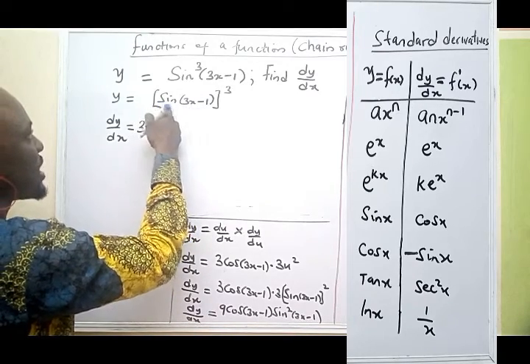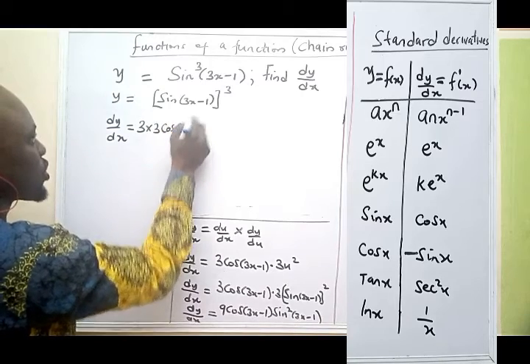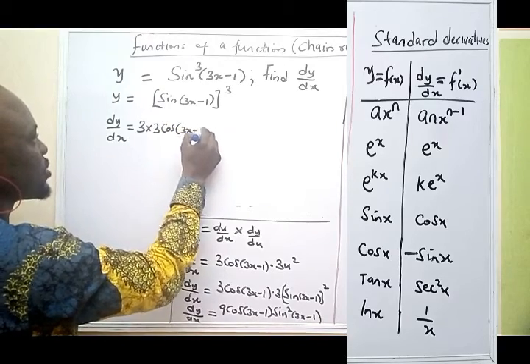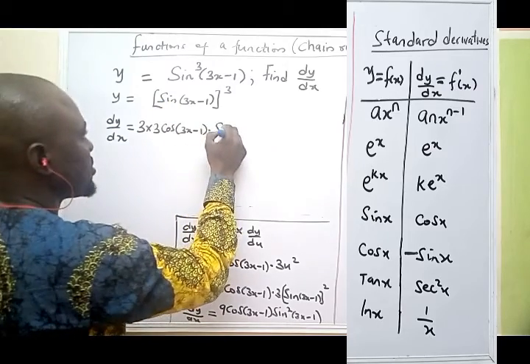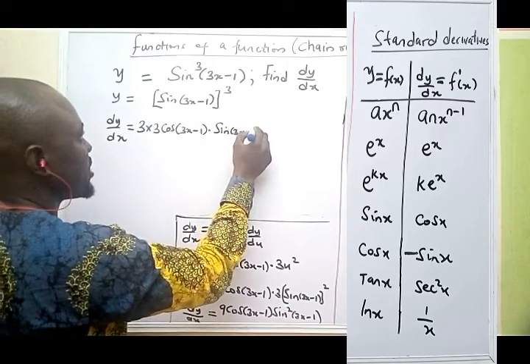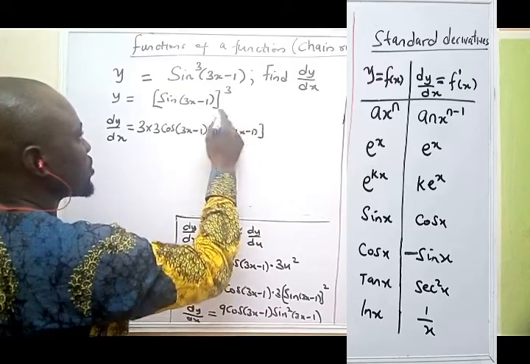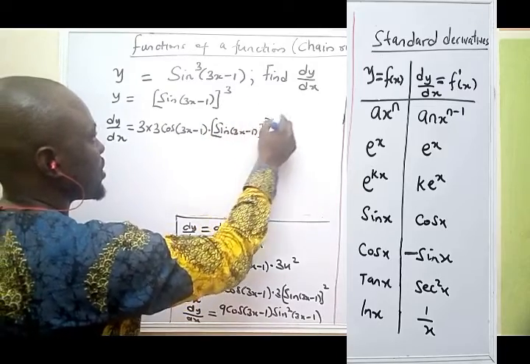Derivative of sine will give me cos, so cos (3x minus 1). Then I'll write this again, sine (3x minus 1). I'll subtract 1 from the power.